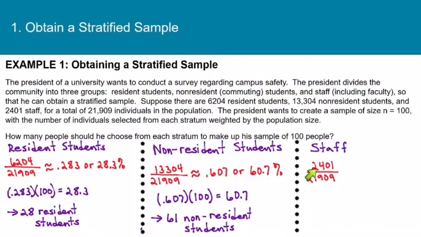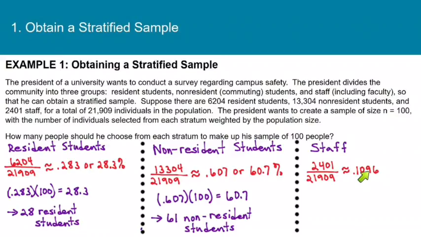And then let's do the staff. We have a staff of 2,401 divided by 21,909 in the population, and that gives us a proportion of 0.1096 for our staff. Now, I kept an extra decimal here because I wanted to make sure you understand what's going to happen here. The 6, when we round off, is going to cause the 9 to have to be rounded up.